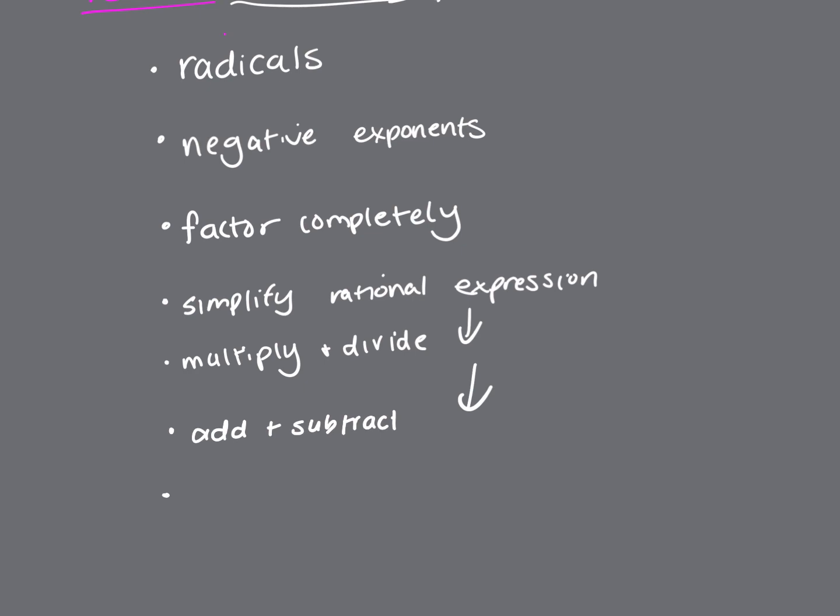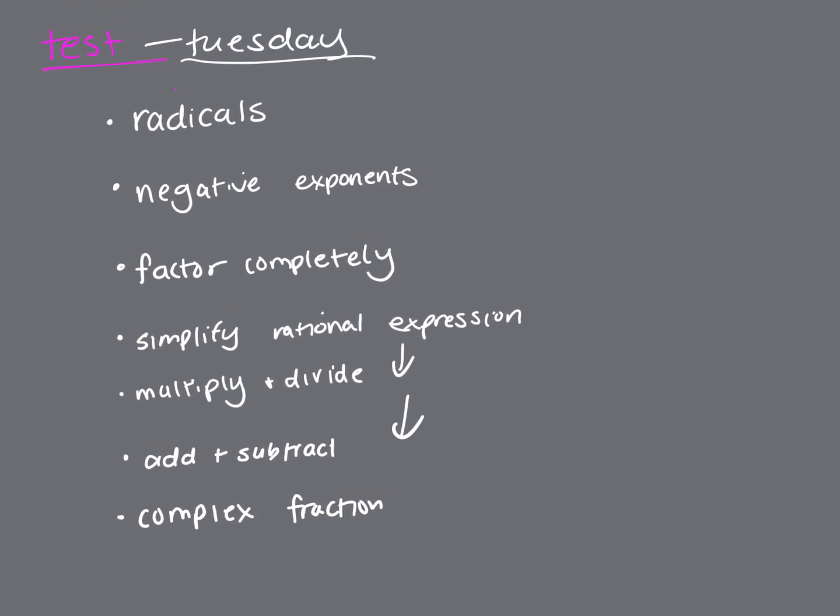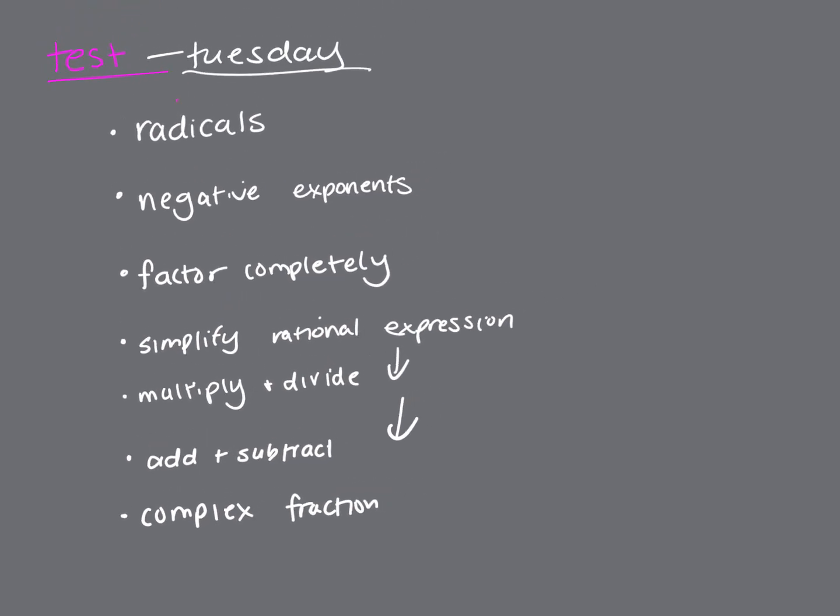And then the last thing is the complex fraction. Those are the topics. So really it goes back to a little bit in P2. P4 was your factoring. P5 was all the rational expressions.